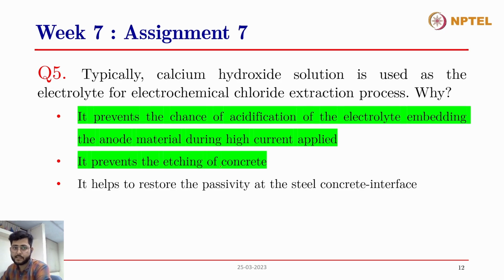What will be affected is the chance of acidification, because a saturated calcium hydroxide solution is generally used, and it has a very high pH. Therefore it will reduce the chance of acidification of the electrolyte, because since chloride ions are getting extracted from the concrete, these chloride ions will go into the electrolyte eventually, and they might react and form hydrochloric acid, or HCl, right?